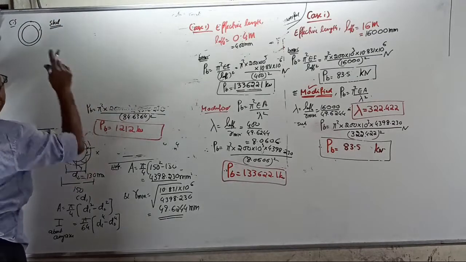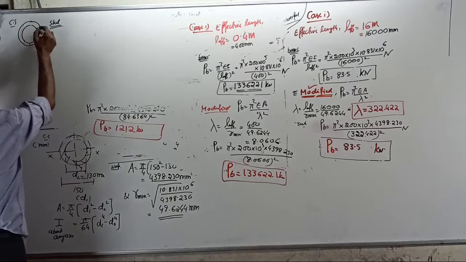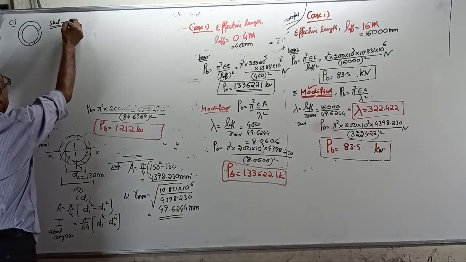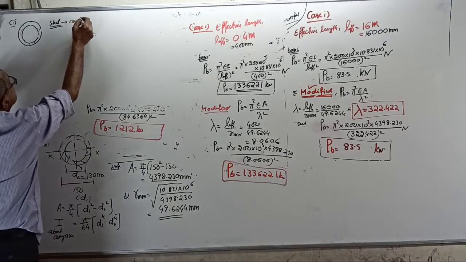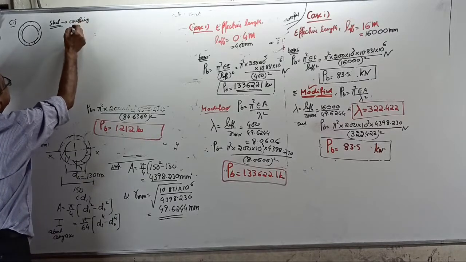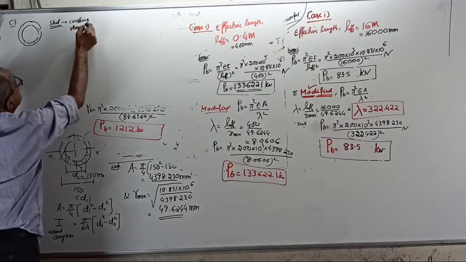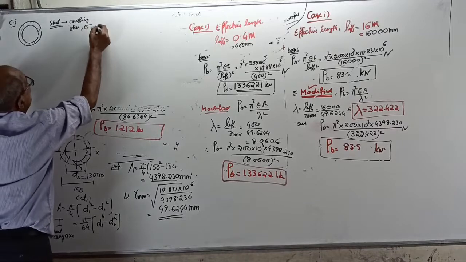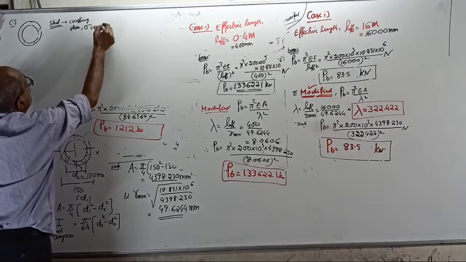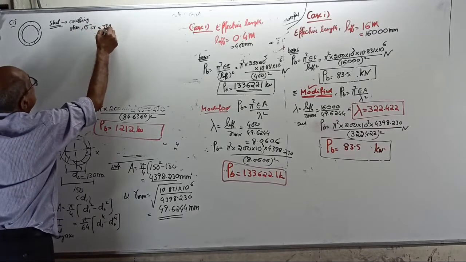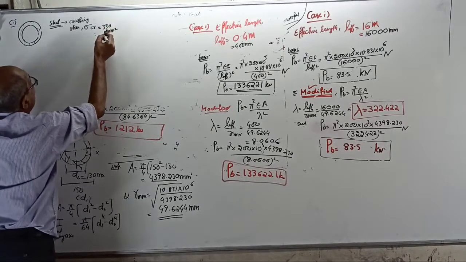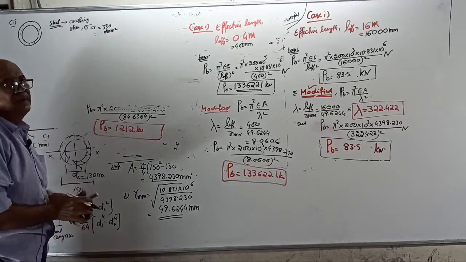For steel, I told the crushing stress, sigma CR equal to 330 Newton per mm square. Actually, MPa is given. MPa is Newton per mm square.